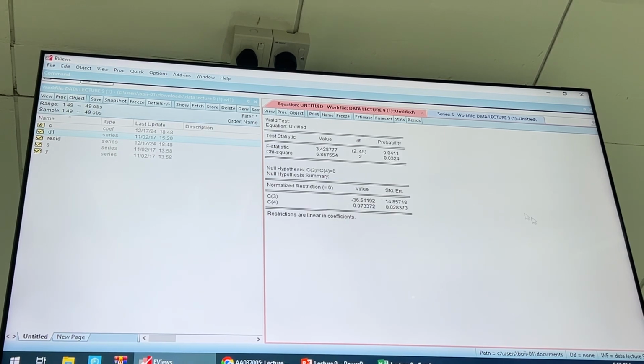So you get the result, test statistic and p-value. So p-value is 0.04, smaller than 0.05. So you reject. The analysis concludes that at least whether intercept or slope are not the same for the two categories, male and female. Whether either one or both are different.